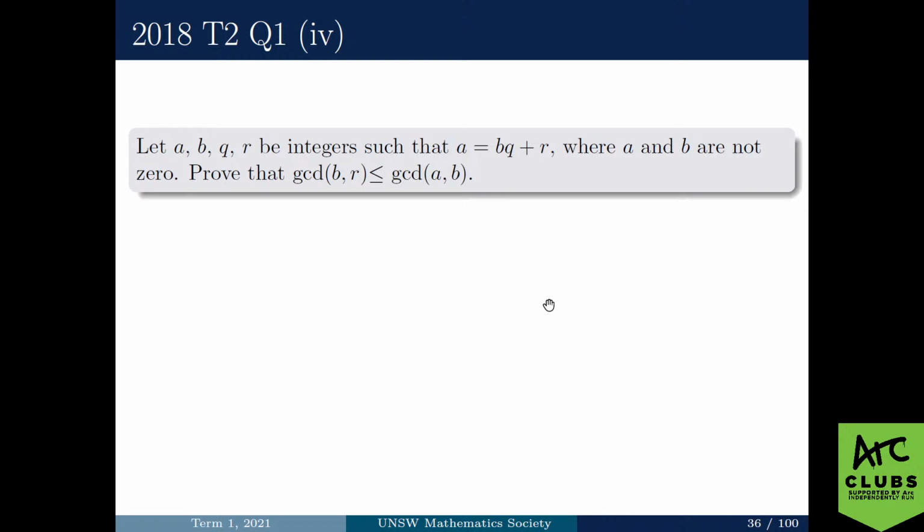So if we took A as 52 and B as, say, 10, 52 equals 10 times 5 plus a remainder, which is 2.